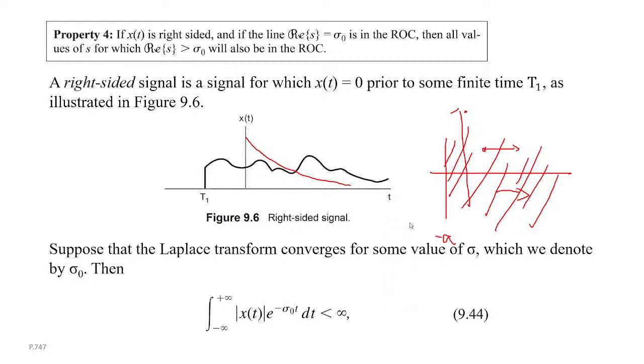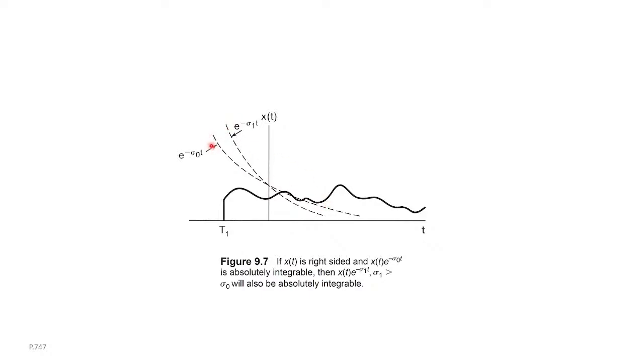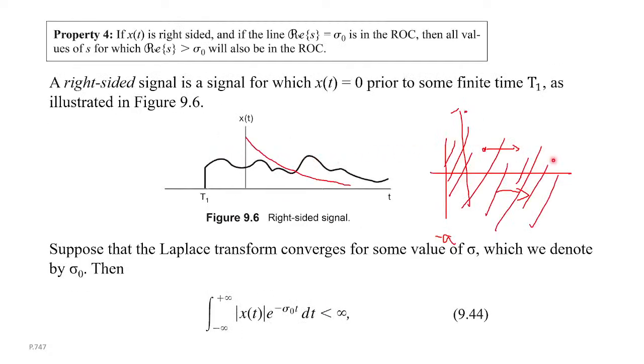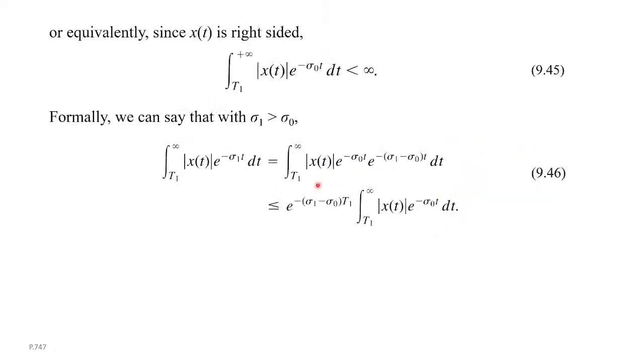And the proof is also quite intuitive. So once again, we want to check whether x times e to the minus sigma t is absolutely integrable. Now if a function looks like this, and x times e to the minus sigma t is integrable for some sigma 0, then you push to the right, which means you go to another sigma that's bigger.